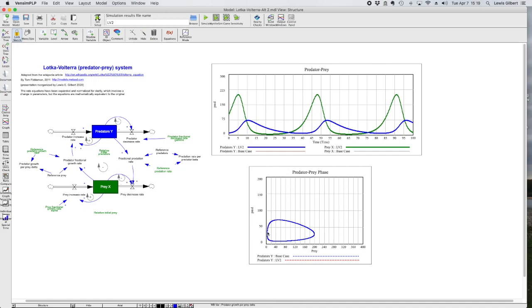So with the parameters as they are set here, we will never have a time when there are 320 rabbits and 50 lynx. It just won't happen.